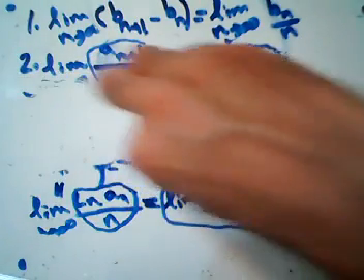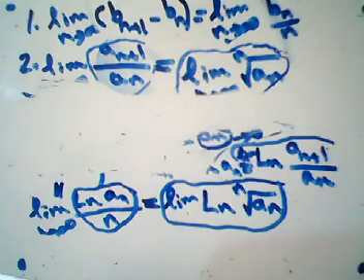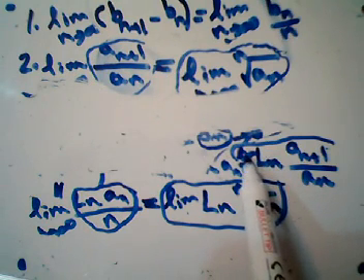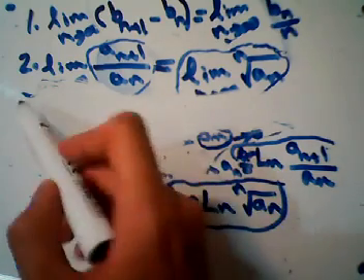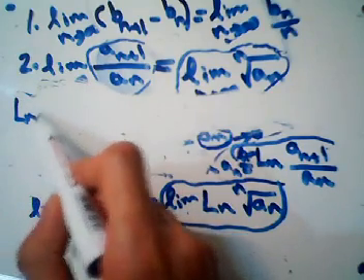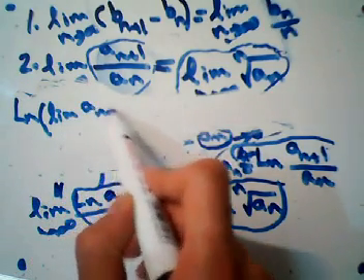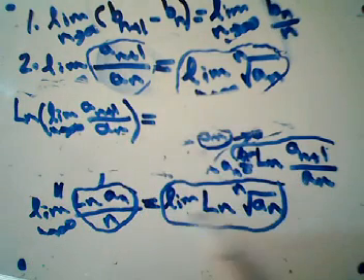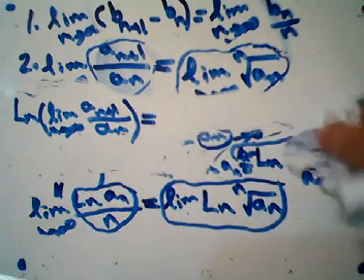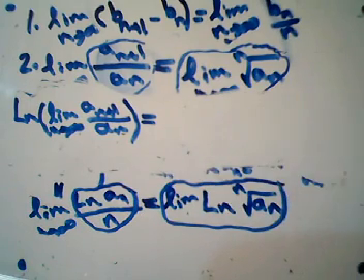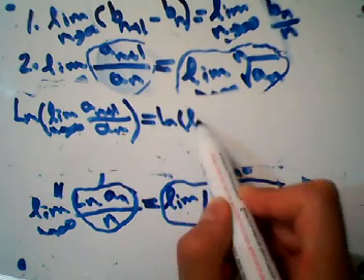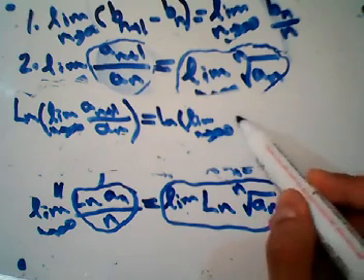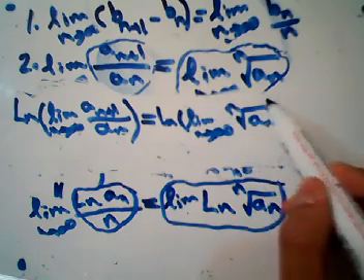Since ln is continuous, the limit can go inside, which means this limit equals the ln of the limit of a_(n+1) over a_n as n goes to infinity, and equals, here also the limit goes inside, the ln of the limit as n goes to infinity of the nth root of a_n.